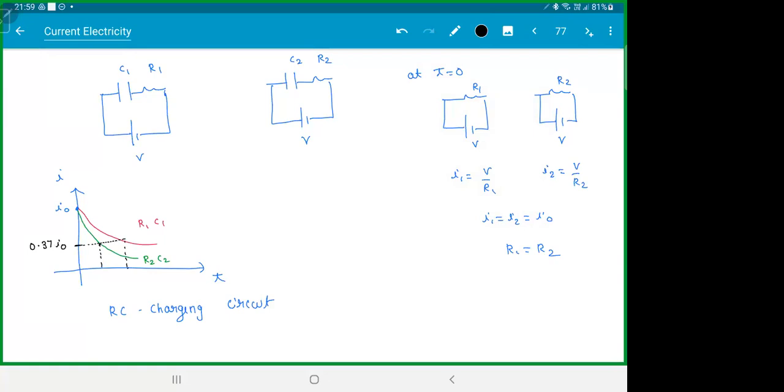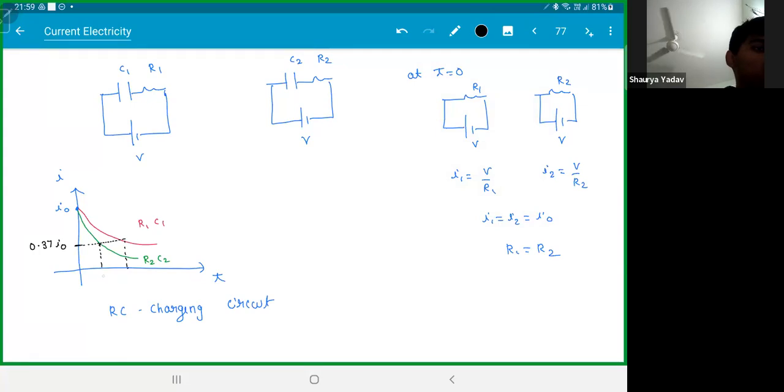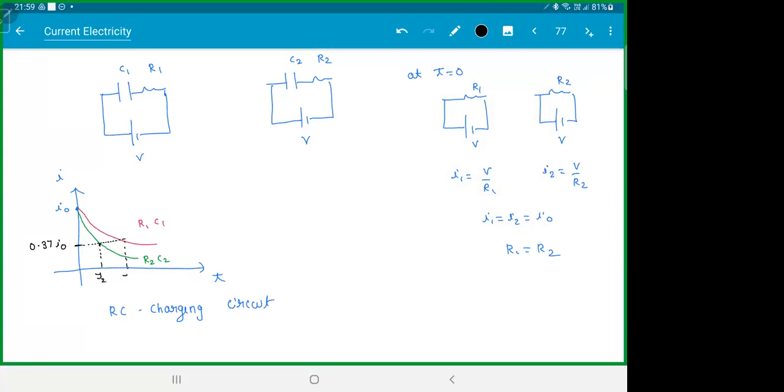Who is reaching 0.37 first, the green line or the red line? Green. This is tau 2, this is tau 1. The definition of time constant is the time in which the current falls by 63%, or the charge increases by 63%. You can clearly see here that the time constant of the red one, time constant 1, is greater than 2.